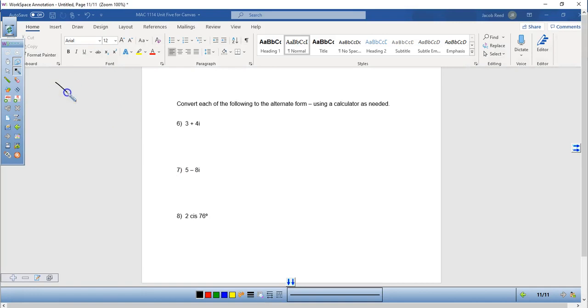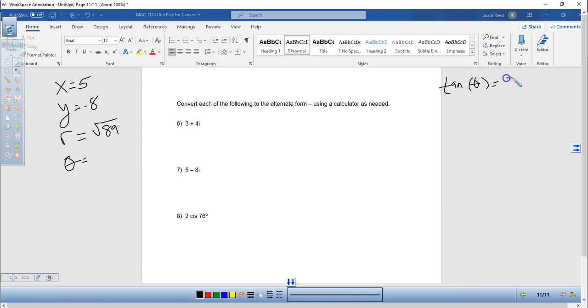Number 7, x is 5, y is -8, r is going to be the square root of 89. And I need theta. So tangent of theta has to equal -8/5. Yet again, not one that we know right off the top. So theta is the inverse tangent of -8/5.